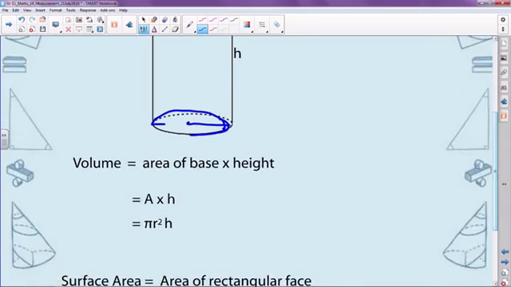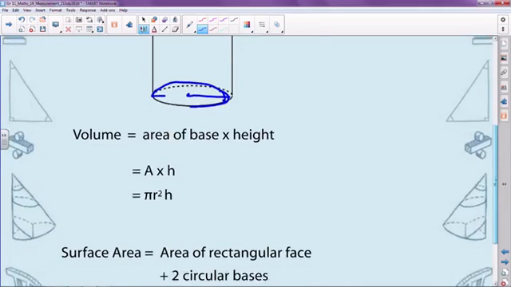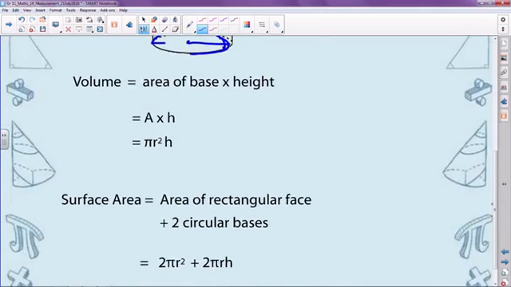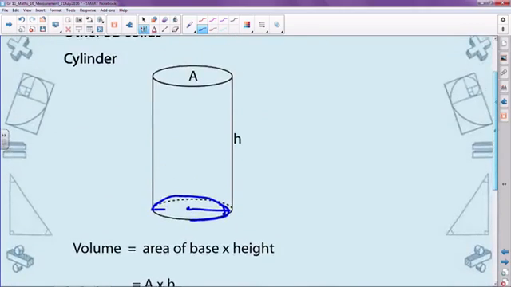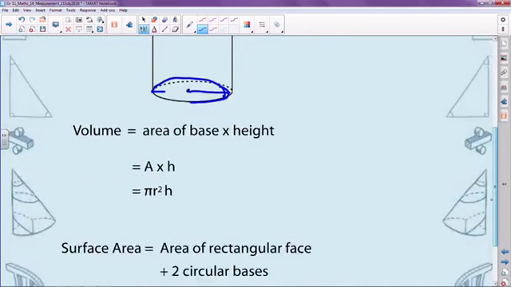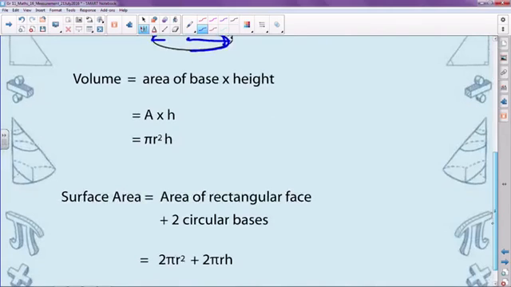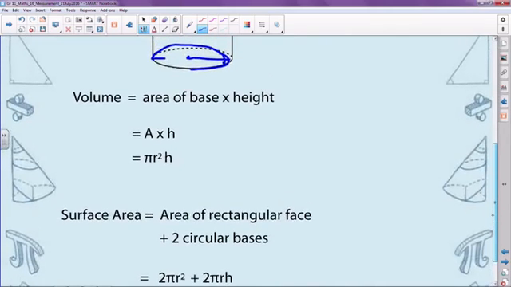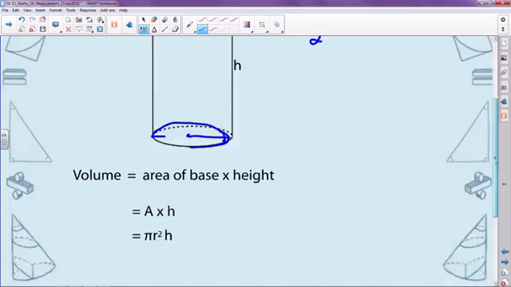The surface area will be the area of the rectangular face plus 2 circular bases. The circular bases give 2 times pi r squared, okay? And then plus 2 pi rh.